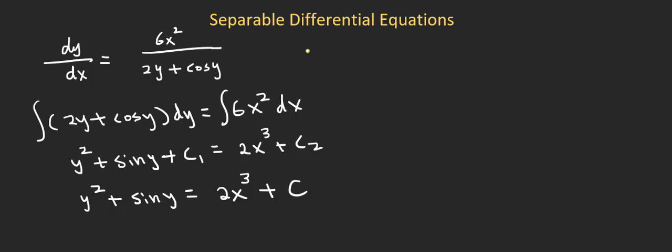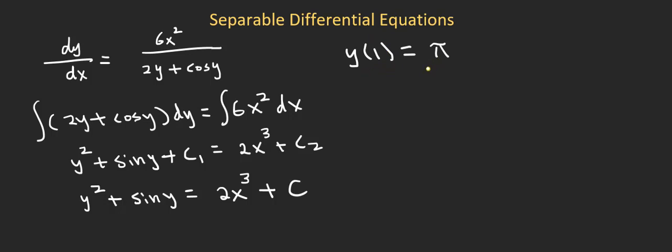Let's say the solution of this equation satisfies y of 1 is pi. Let's say they gave us this information ahead of time. So when x equals 1, the y value will be pi.